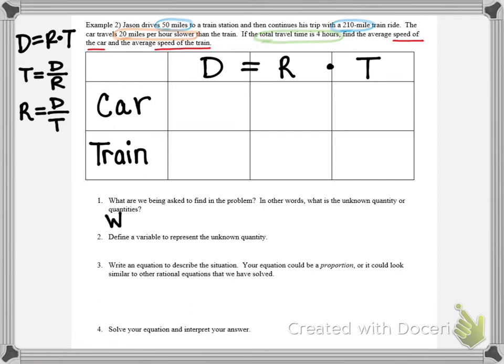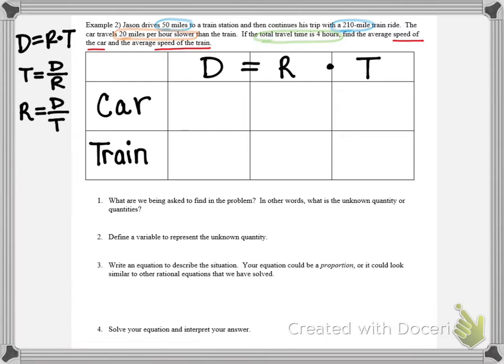Okay. I have some scaffolding questions down here where it says, number one, what are we being asked to find? So notice we're not diving right in yet and writing an equation. We still want to make sure we understand what we are being asked to find, and we want to set up the proper variables before we dive right in and write an equation, because the more information we have, the easier it is to set up our equation.